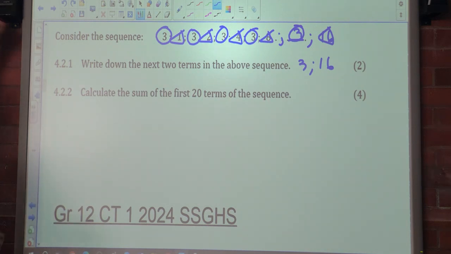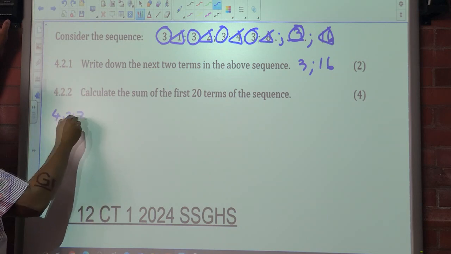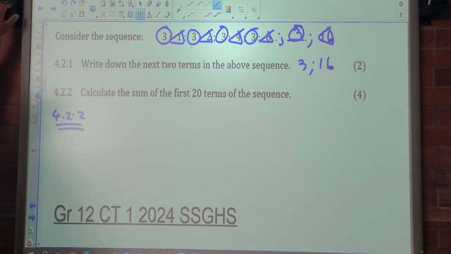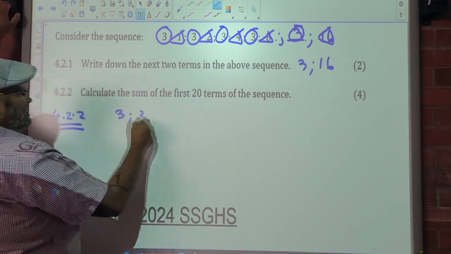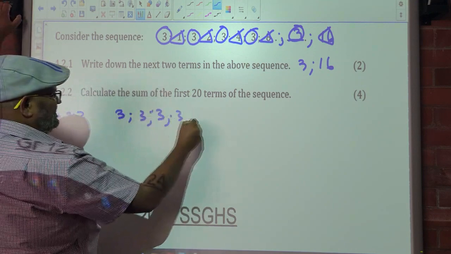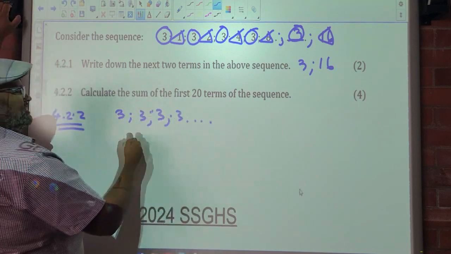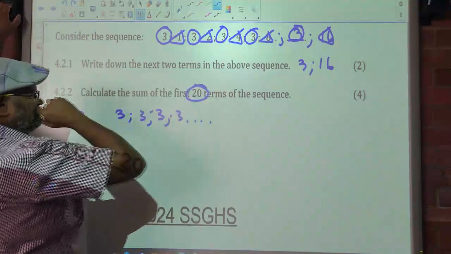No? So 4.2.2, calculate the sum of the first 20 terms. Say, hang on, if there's 2 in one sequence, half of it is going to come on the 3s, and half is going to come on the other sequence. So we got 3, 3, 3, 3. And how many 3s do we have? Half of 20.